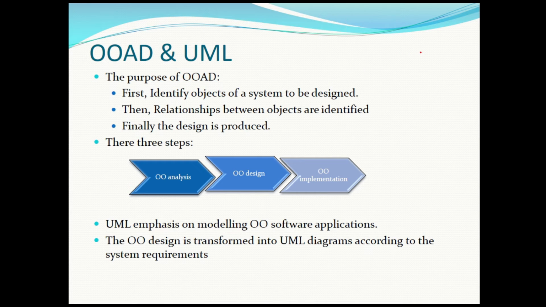When you identify all the objects, that is easy for you. The second step is to draw relationships between these objects in order to see the collaboration between them, and then you refine the diagram, so the implementation will become easy.